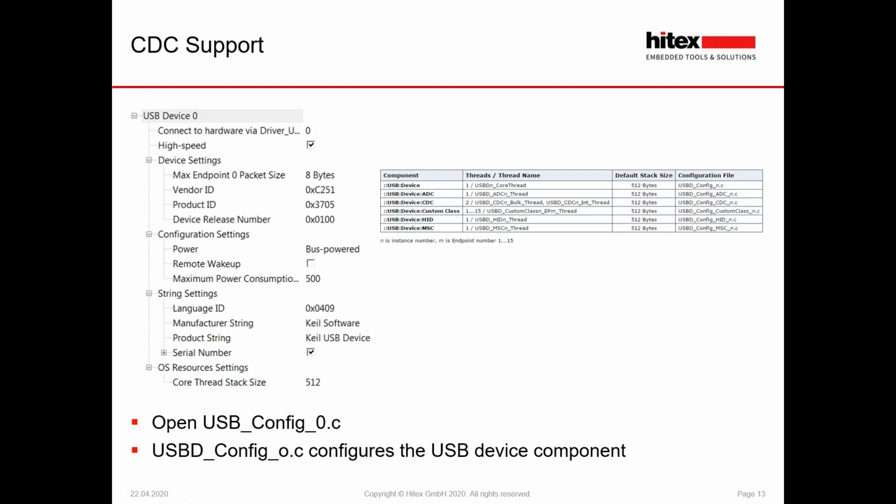Once we've added the configuration files, they're again in this templated format. Here we can configure the library. Again, we can say what signaling speed we're going to use on the peripheral. This depends on the manufacturer's peripheral, whether it supports full speed or high speed. We also need to provide a vendor ID.